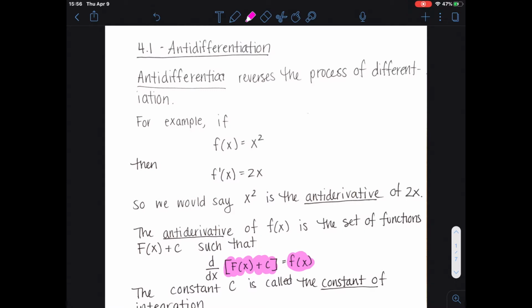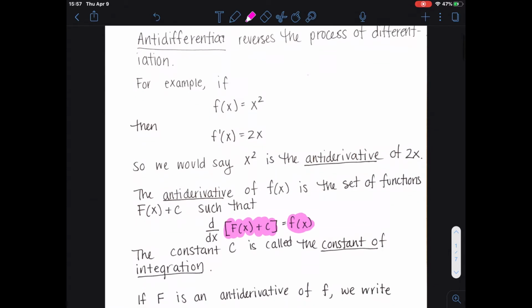This is really nice because when we find the antiderivative, we can check our process by differentiating, and you should land exactly where you started, because these processes just undo each other. This value of c is called a constant of integration, and the reason we always add it at the end is because the derivative of c is always 0. So it gives us the most general antiderivative we can possibly have.